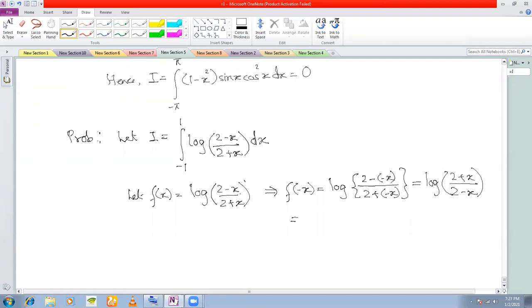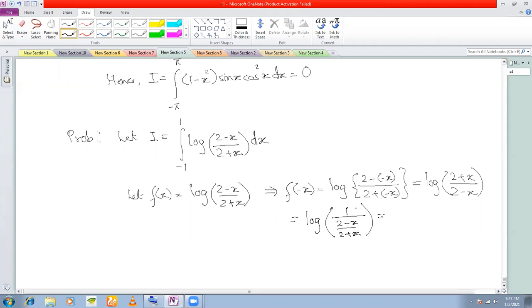Now you see here, you have 2 minus x in the numerator, and there you have 2 minus x in the denominator. So what will I do? I will take 2 minus x in the numerator. What I will do is write this as log of 1 by (2 minus x) by (2 plus x).